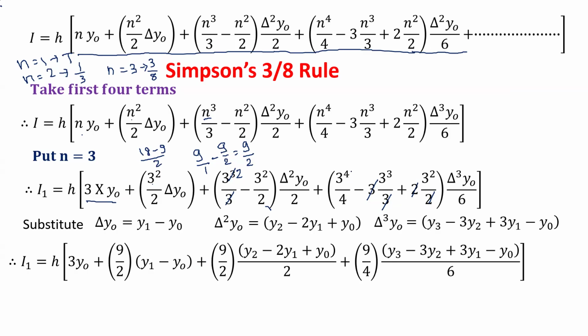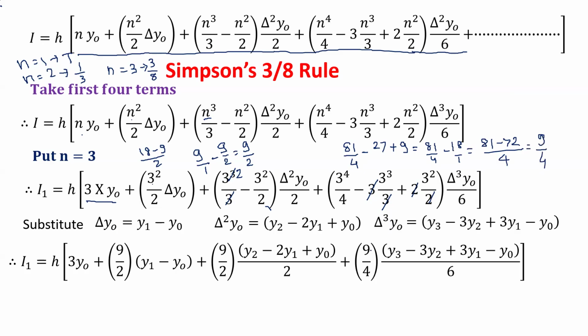Now you go to this, then we have 3 to the power 4, which will be 81 by 4, minus 3 cube, this is 27, plus 3 square, 9. So it will be 81 by 4 minus 18. And then with cross multiplication, 81 minus 72 upon 4, and then we will get it as 9 by 4.